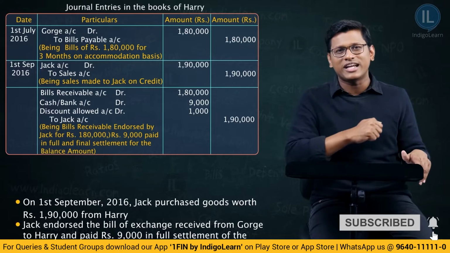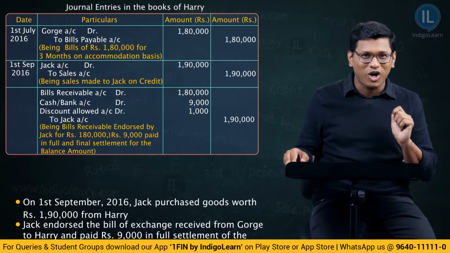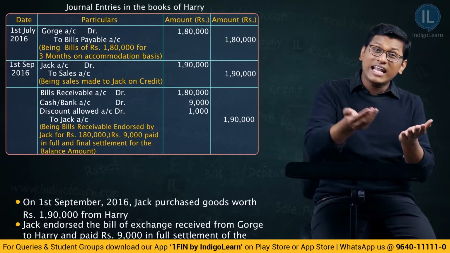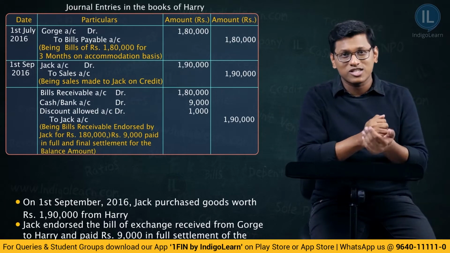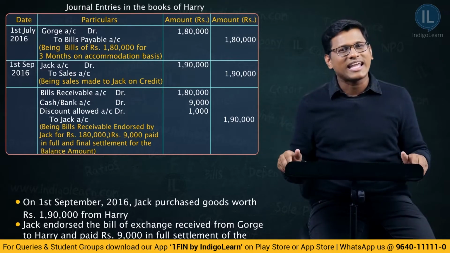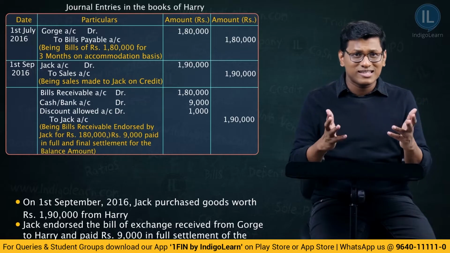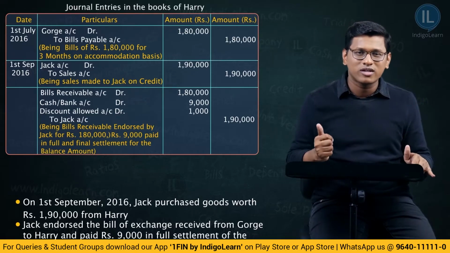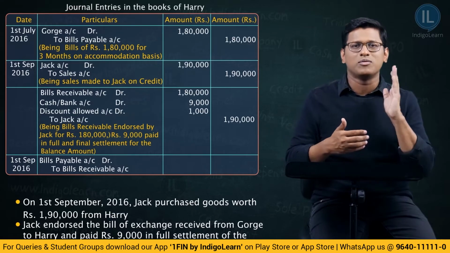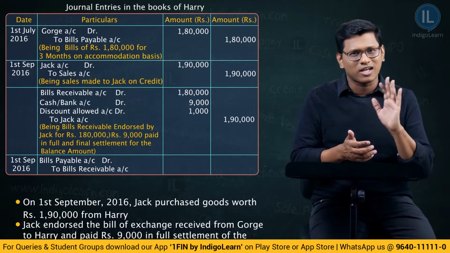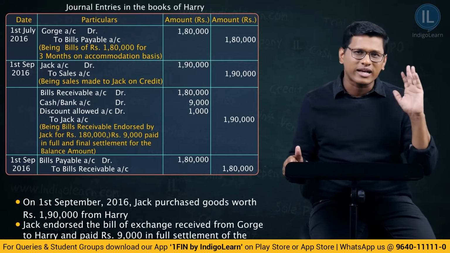Write down the next entry, in Harry's books, because that bill which Harry accepted is what came back to Harry in the process. So that bill is going to be cancelled. Please write down the journal entry. We are going to cancel the bills receivable as well as bills payable. Bills payable account debited to bills receivable 1,80,000.